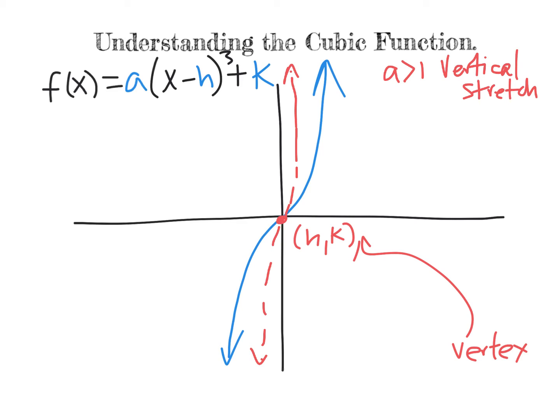If a is between 0 and 1, we're talking about now a compression. So usually you're going to see the numbers here as fractions or decimals, something between 0 and 1, like 1/2, 1/3, 1/8, those kinds of things.